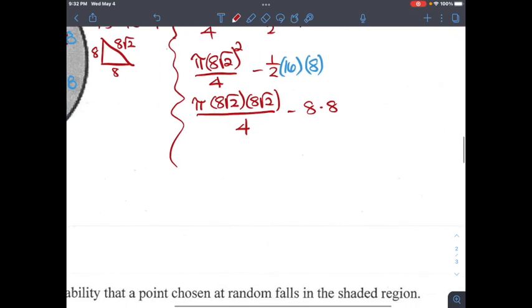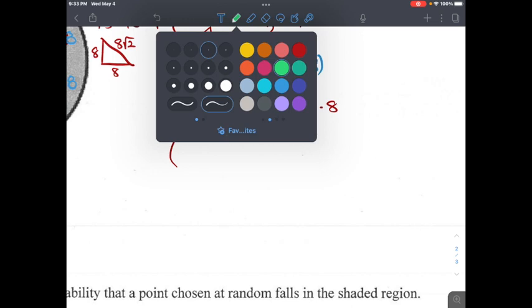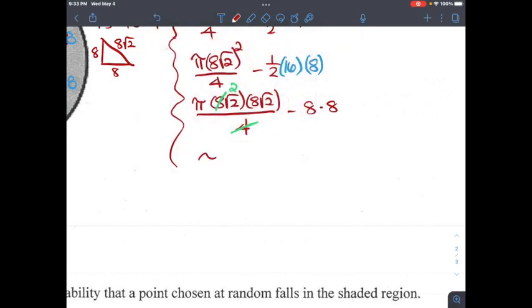So when you reduce it, I can reduce the 4 and the 8, and that gives me a 2. So when you reduce that, your answer is going to be pi times the green 2 times the square root 2 right here, and the square root 2 gives me square root 4, which is technically 2.